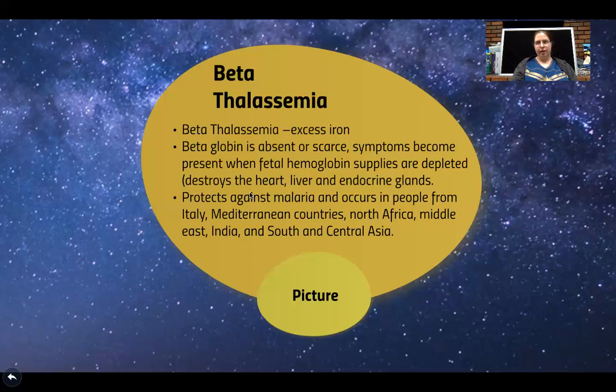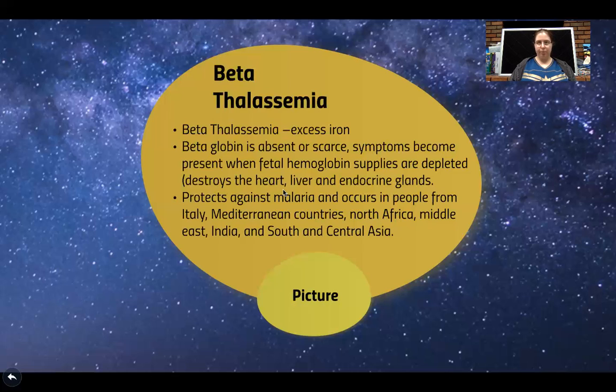For instance, the lack of the beta subunits, we already said, causes an increase in iron. Now that iron can get deposited in and absorbed by organs like the heart, the liver, and different endocrine glands. Since the iron is building up in there, it starts to cause damage to the organs.